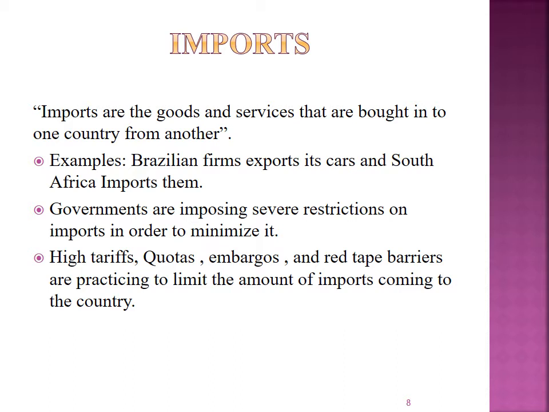That means some drugs and some other items, on which the government puts very strict restrictions. Therefore, the government highly controls these imports because they want to reduce the money outflow from the country and maintain a healthy balance of payments.